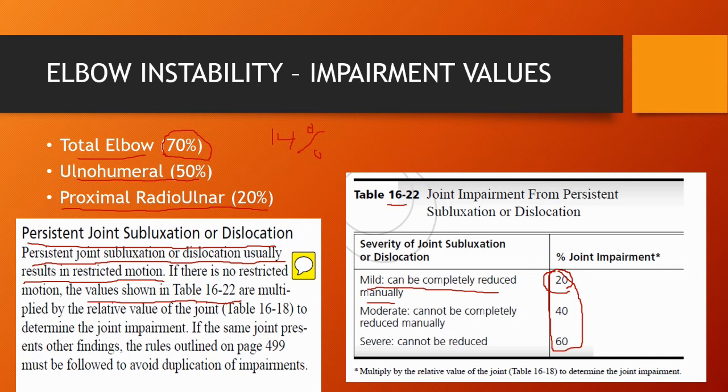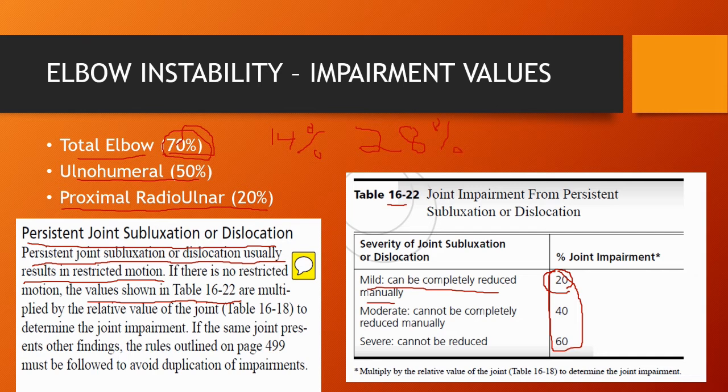With a moderate severity of joint subluxation or dislocation, the articulation cannot be completely reduced manually and requires either an outside force or perhaps sedation in order for the joint to be realigned properly. This qualifies as a 40% times 70% for total elbow, which is a doubling, at 28% upper extremity impairment.